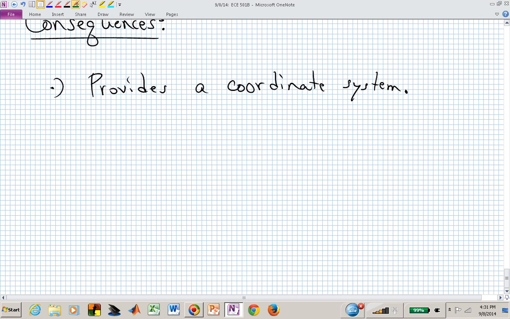Let's look at another proposition related to that, proposition 2.8.